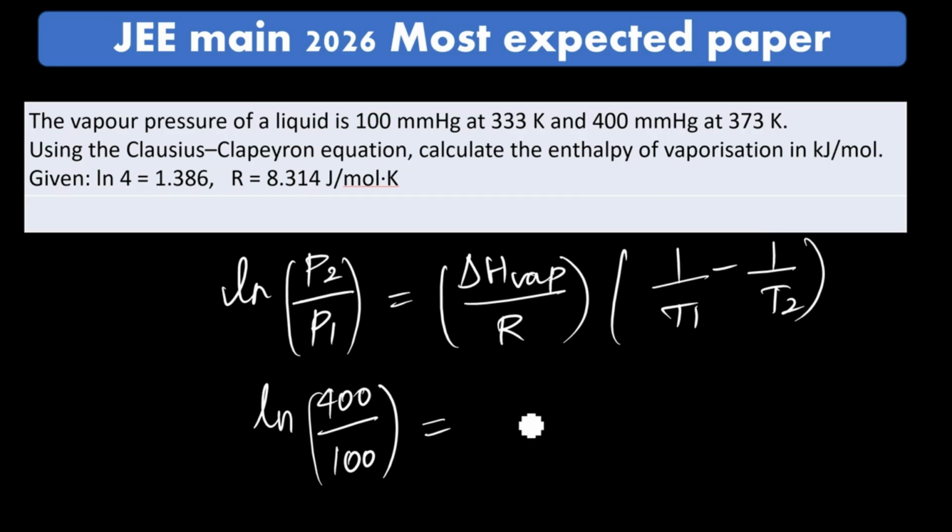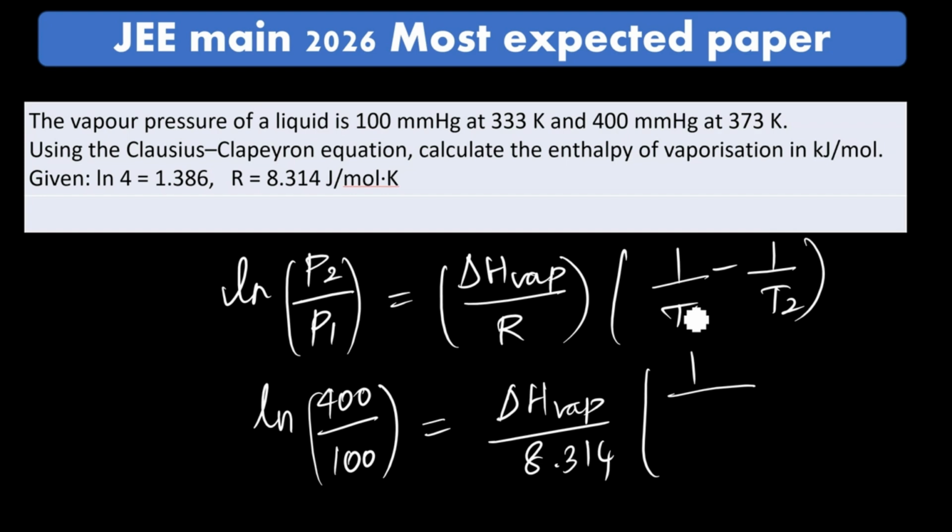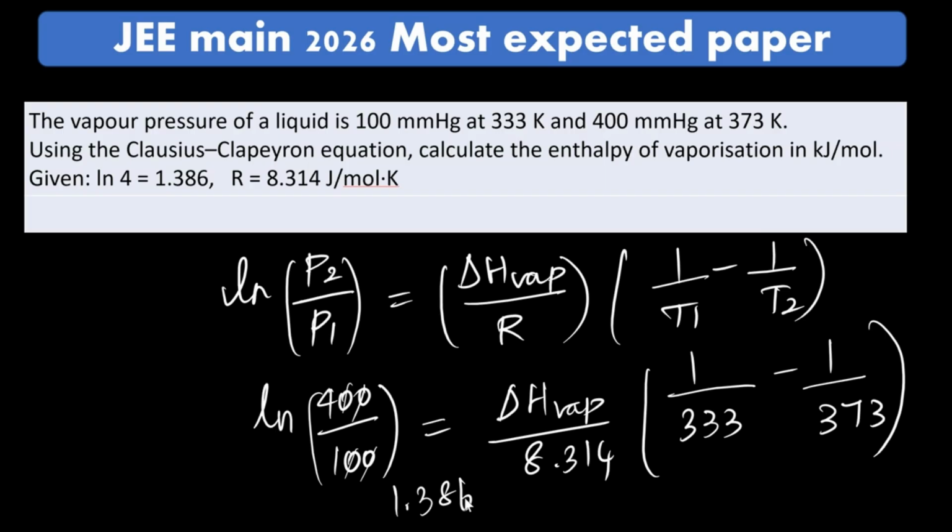Let's keep the delta H value as such, by R value, that is 8.314, by 1 by T1, that is 333, minus 1 by T2, that is 373. They have given ln 4 value as 1.386, right? So here I will be getting 3.22 into 10 to the power minus 4.